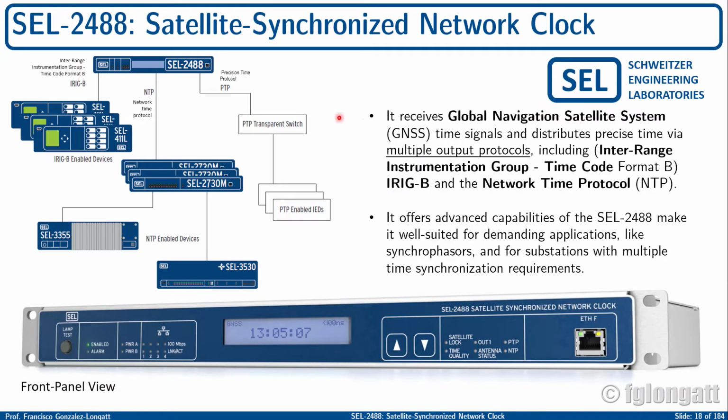Here on the left-hand side, you can see a diagram showing some of the potential uses of this very important satellite synchronized network clock. The SEL-2488 has the possibility of providing time synchronization using several protocols.